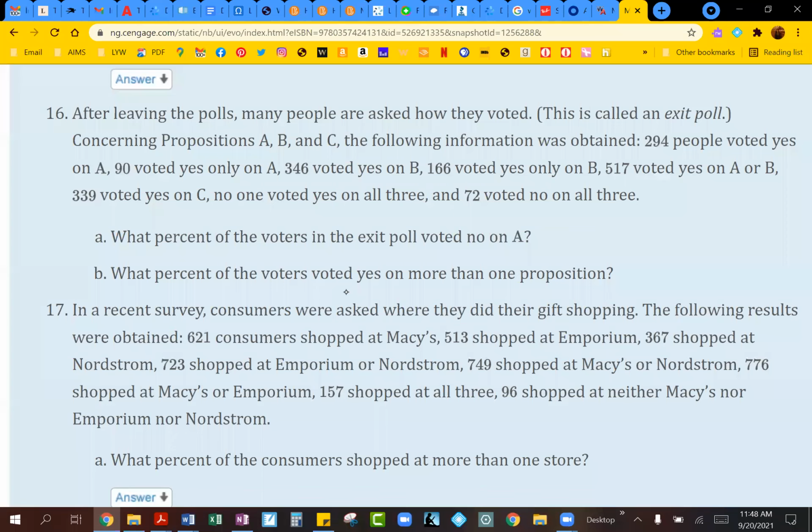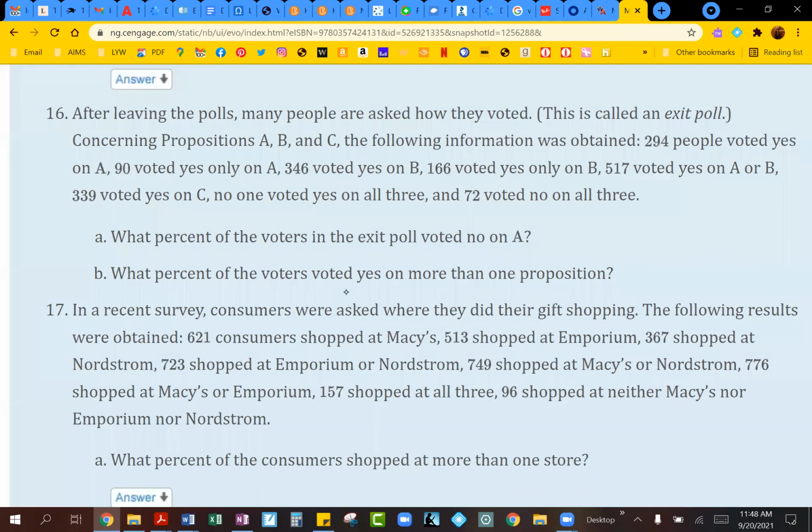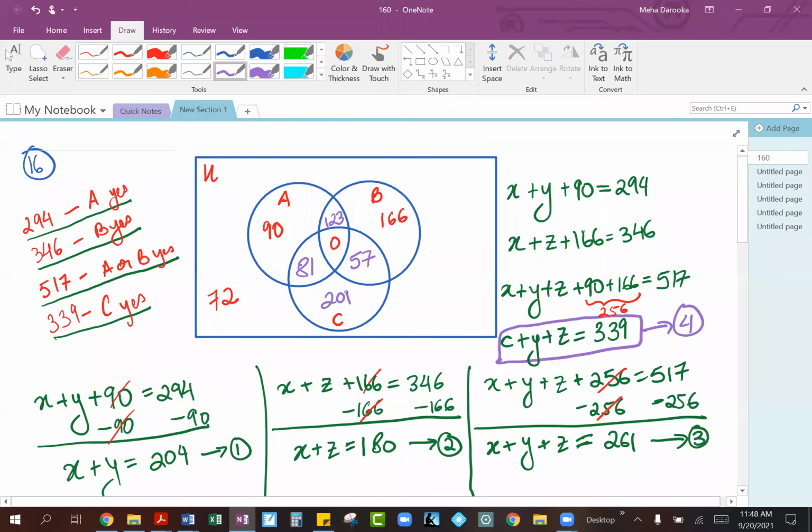So part A, they want to know what percent of the voters in the exit poll voted no on Proposition A. Since they're asking about what percentage, we actually have to first find out how many total voters were asked this question, or how many were polled as they were leaving. And you will see in the information they gave us, they didn't really tell us how many people they asked the question about how they voted. So we don't really know the total number of people. So what do you think we need to do to find the total number of people who were asked the exit poll?